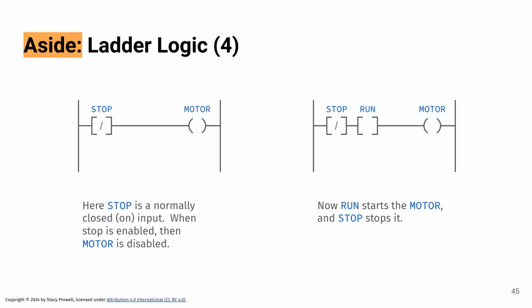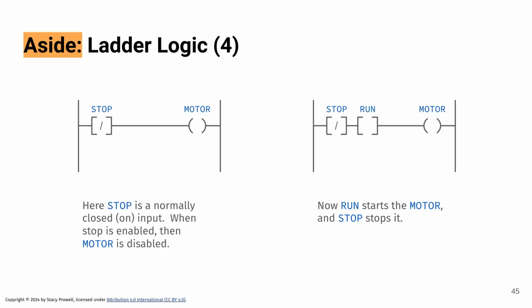But if neither are closed, motor is not enabled. In addition, we can have something kind of akin to negation. So over on the right-hand side, we put a little slash in there to indicate that stop is normally closed. So what this would tell us is that's a normally closed switch. So when I activate it, I'm actually opening that switch. So motor, we'd see, would be running until I activate stop, at which case motor would then stop.